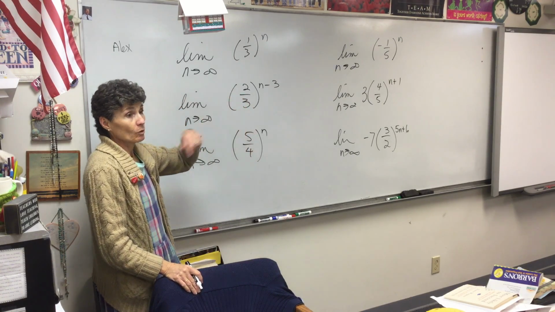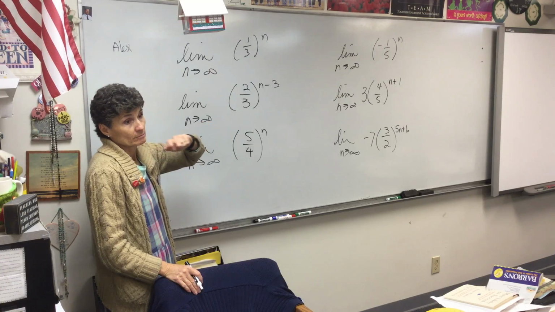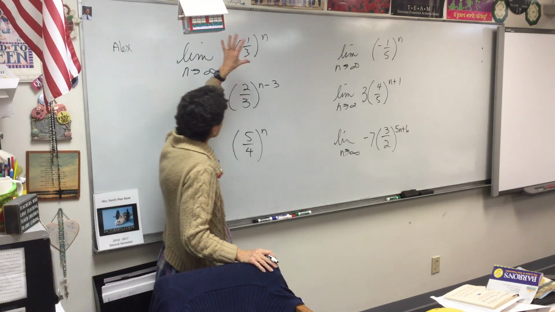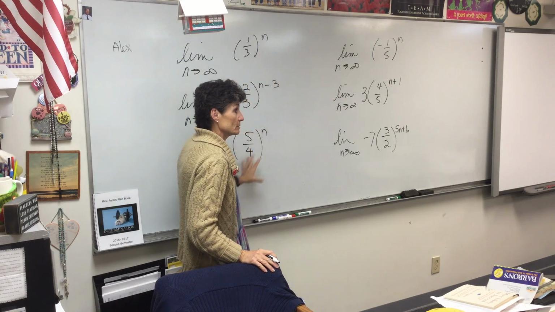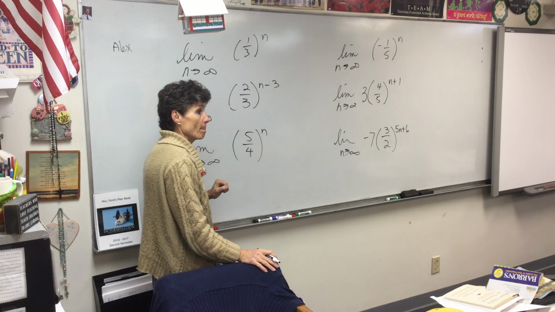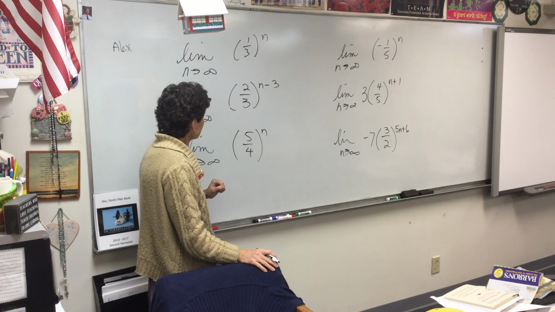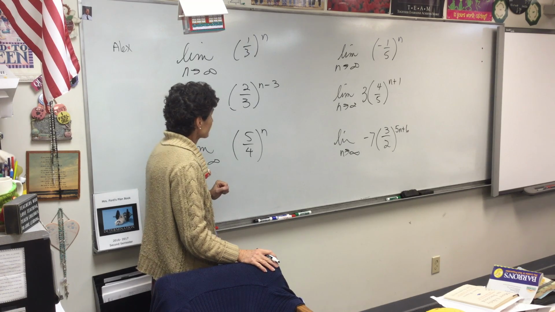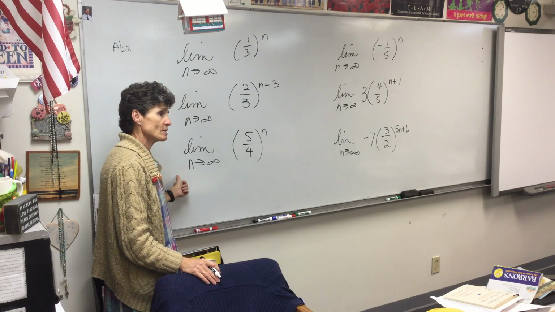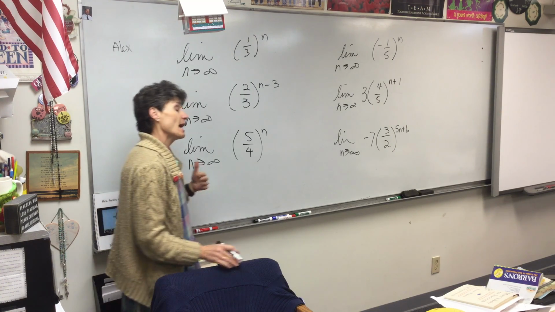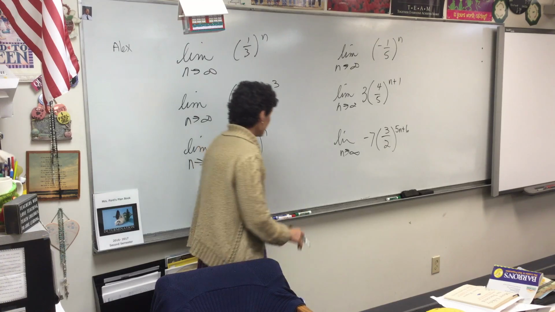The other ones were all n's over n's. These are all something raised to a power. Did we do this when we were doing exponential functions? We may have talked a little bit about it. Did we use this notation? I don't remember using the limit notation, but we may have. Exponential functions have an asymptote, remember?